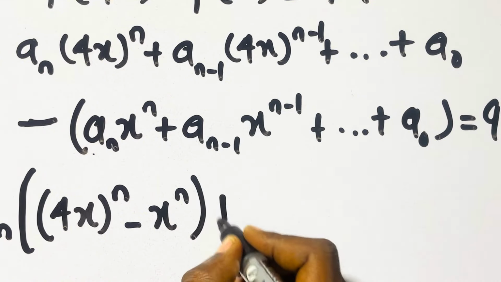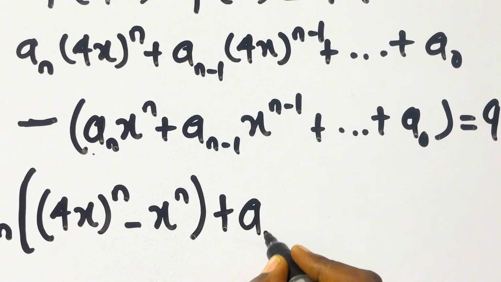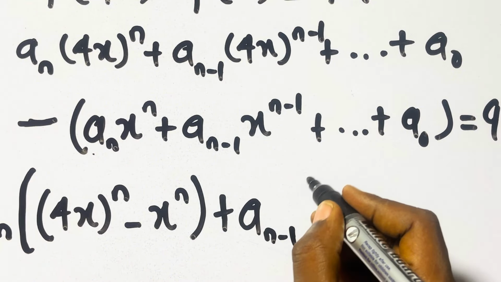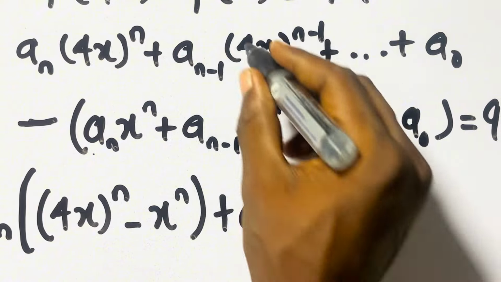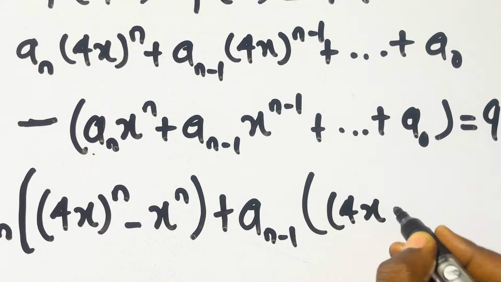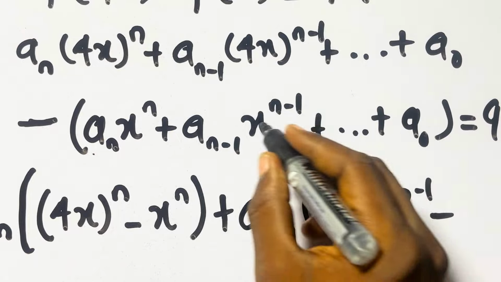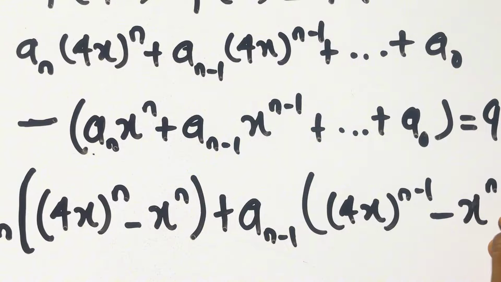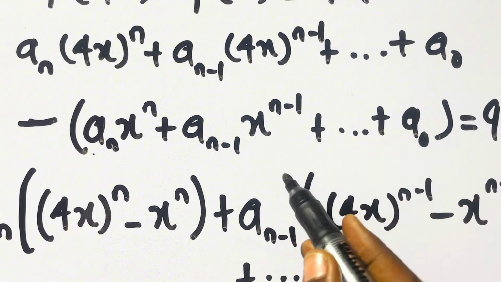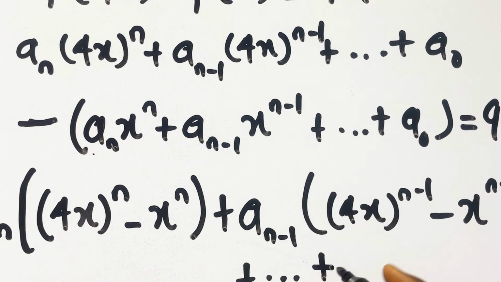What is left is a_(n-1) times 4x raised to power n minus 1 minus x raised to power n minus 1. This continues, because a_0 minus a_0 gives us 0. So let's just equate everything to 9x.